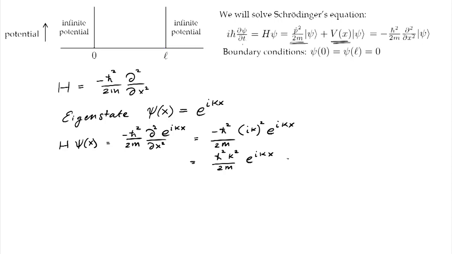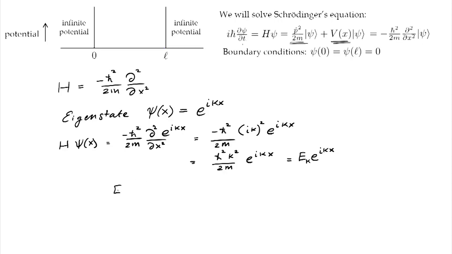Which means that the eigenvalue, which is the energy corresponding to this eigenstate, E sub k, times e to the i kx.